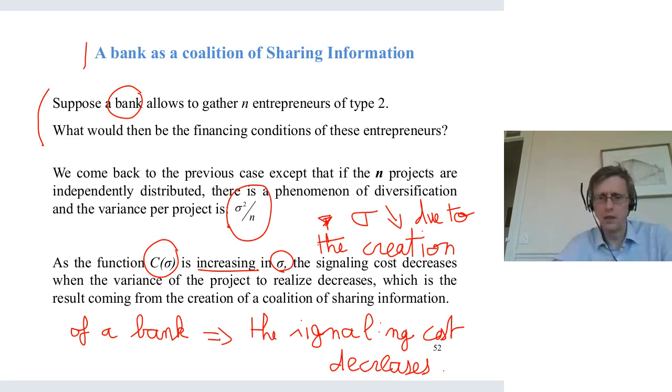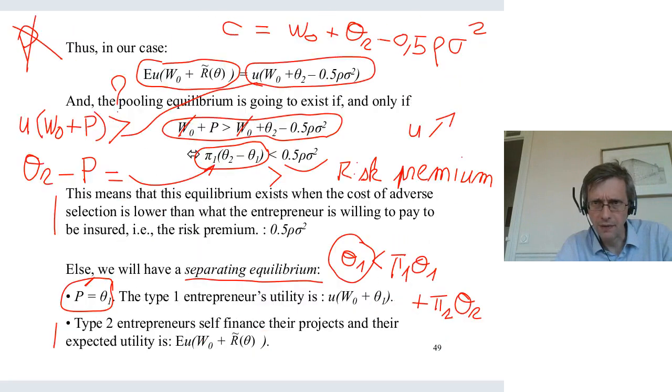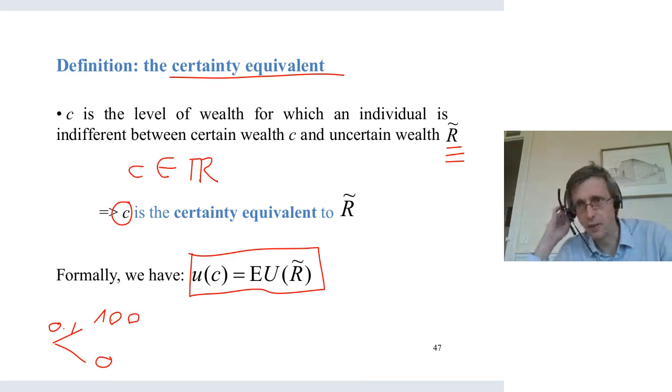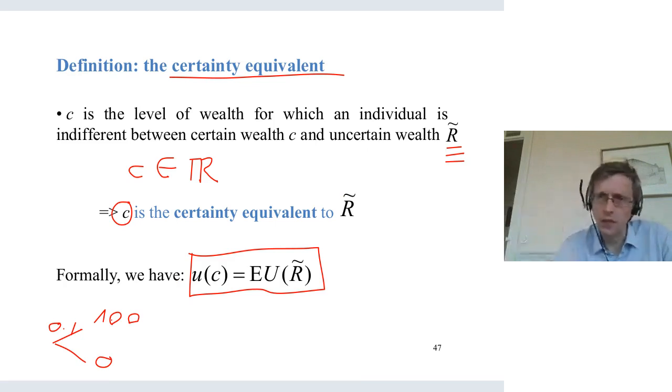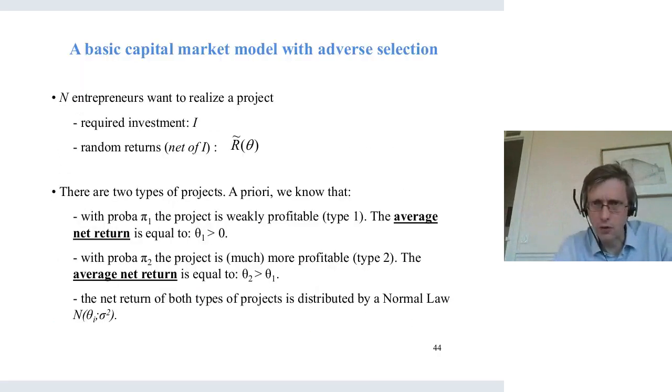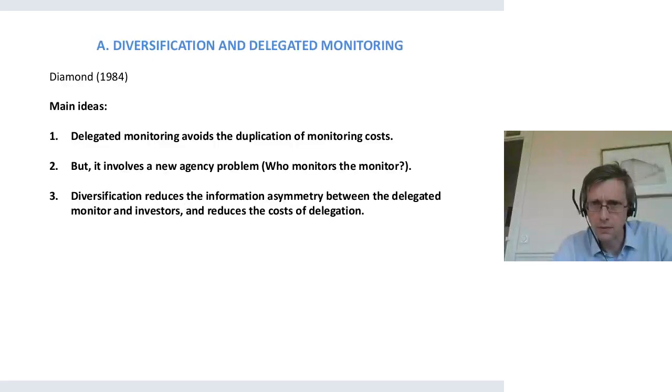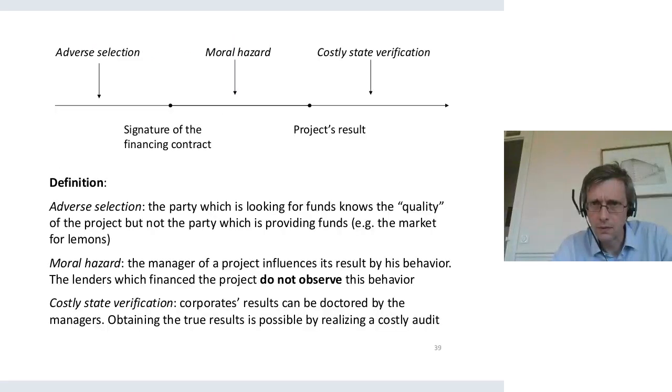Okay. So this is basically the idea of this first theory explaining the presence in the financial market of financial intermediaries. Okay.